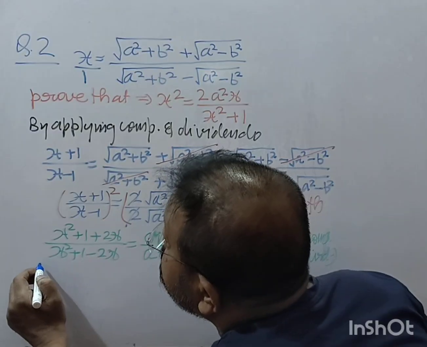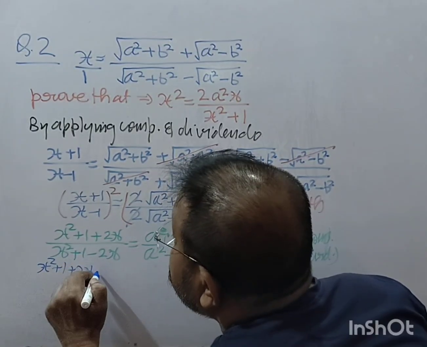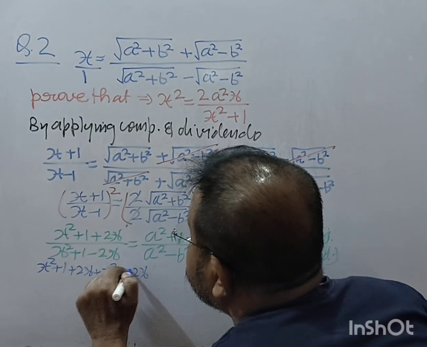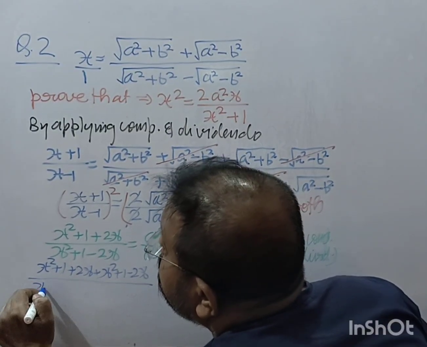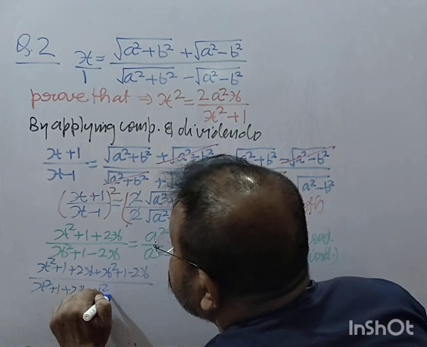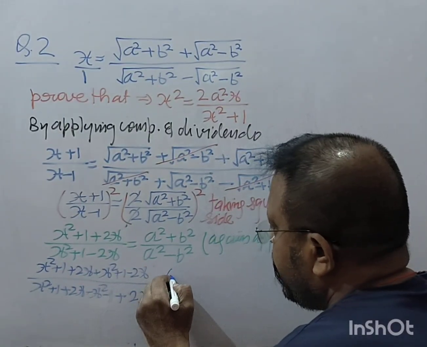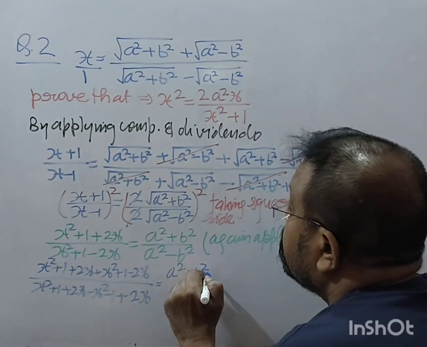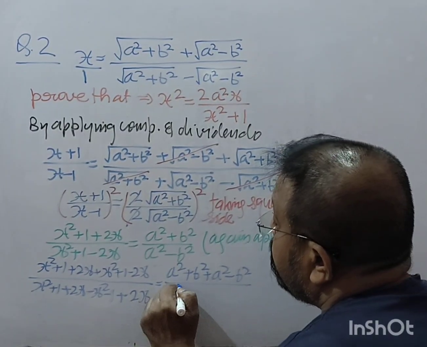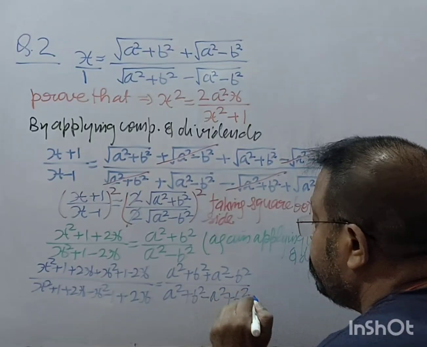Then it becomes x square plus 1 plus 2x plus x square plus 1 minus 2x upon x square plus 1 plus 2x minus x square minus 1 plus 2x is equal to a square plus b square plus a square minus b square upon a square plus b square minus a square plus b square. You get it?